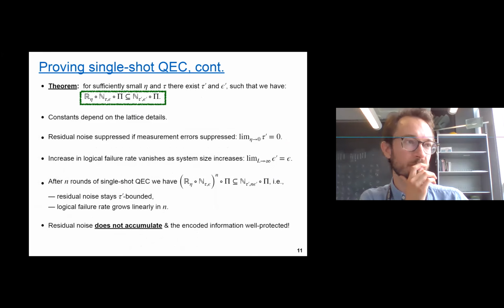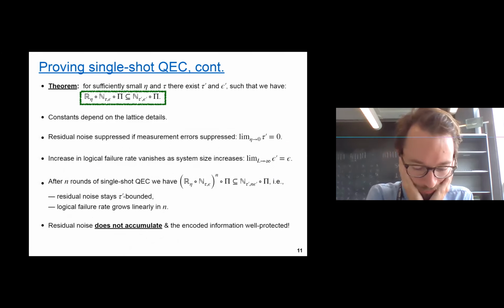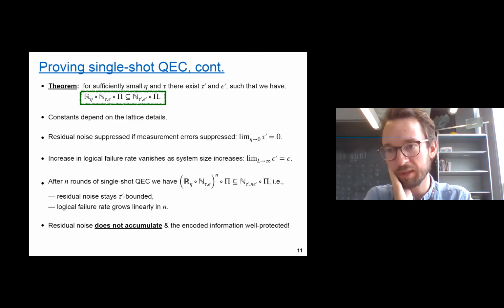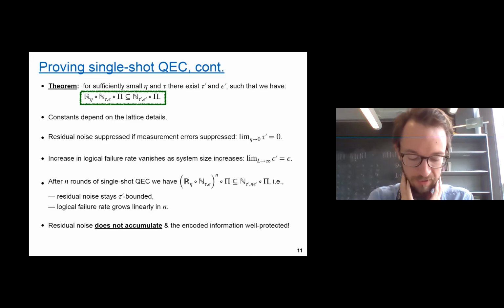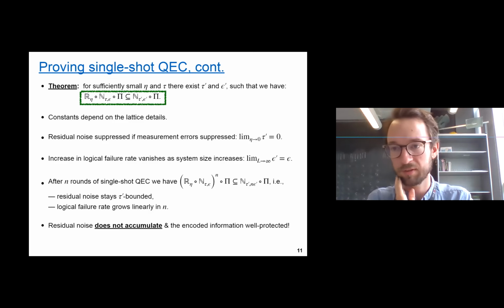Yeah, so you can also make the probability of, yeah, what can you do? You have this eta, which is the noise rate of your measurement errors. Given the noise on these measurement outcomes, you might make some mistakes when you try to correct the syndrome, correct the flux, right?